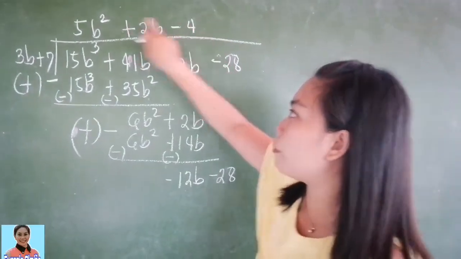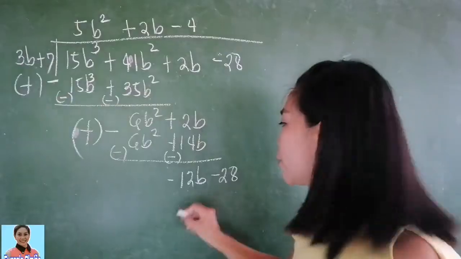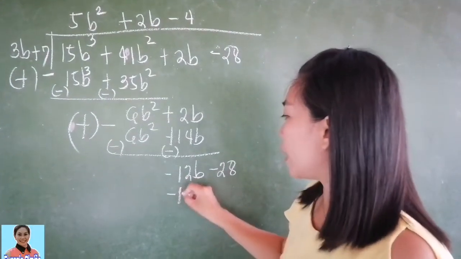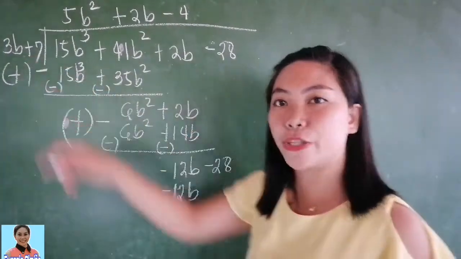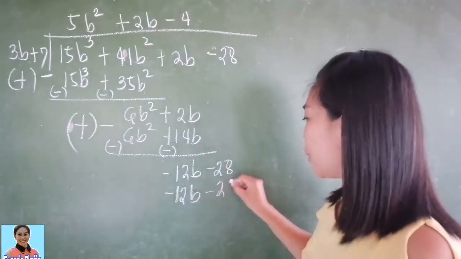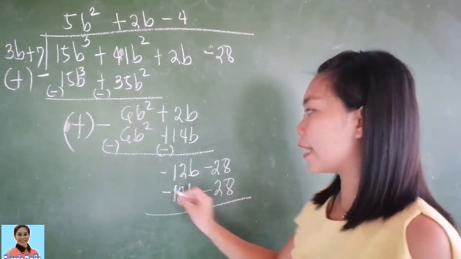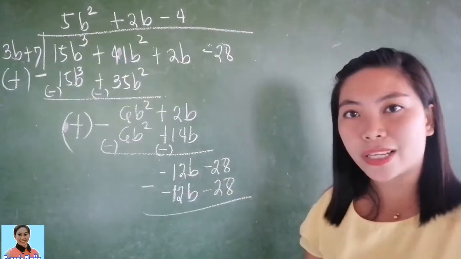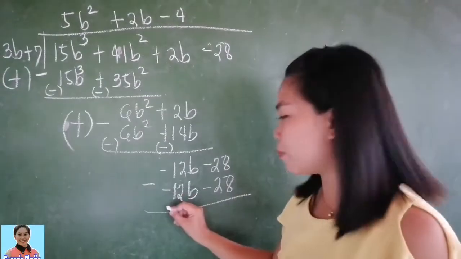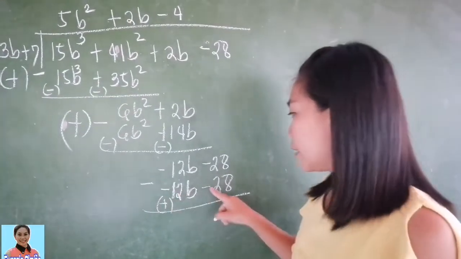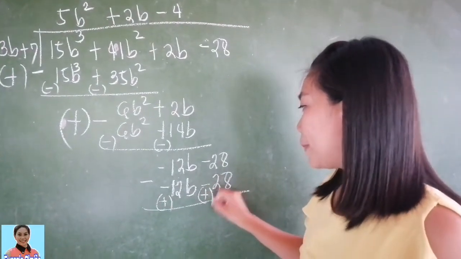So, negative 4 multiplied by positive 3b, you have negative 12b. Negative 4 multiplied by 7, you have negative 28. Now, let's subtract. So, let's change the sign of the subtrahend. So, what will happen? So, since negative po siya, becomes positive. Negative din po siya, becomes positive.